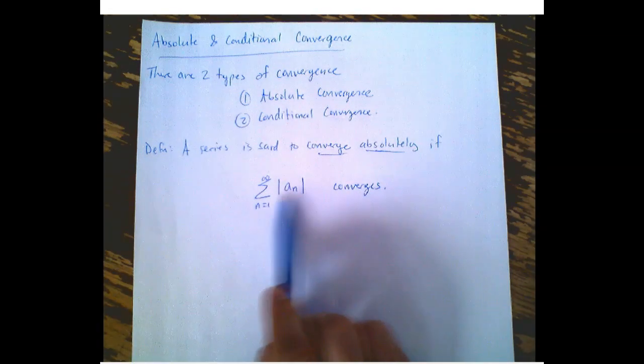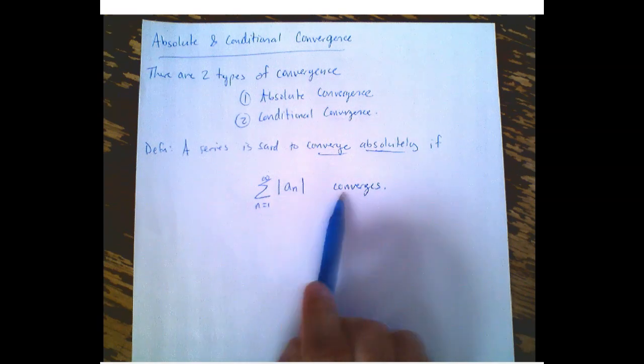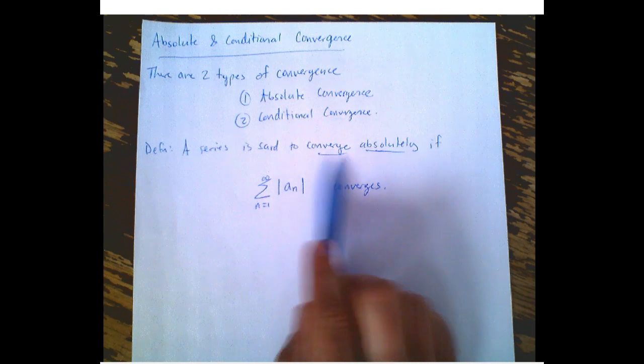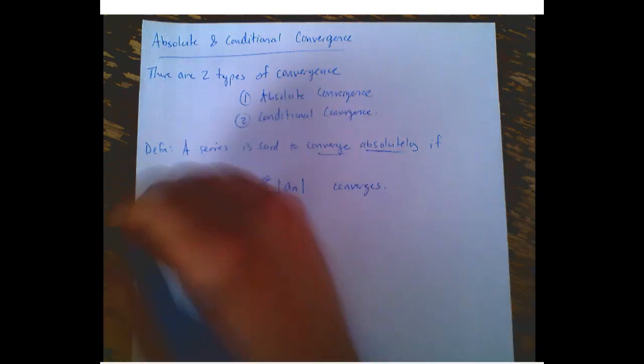So if we look at the absolute value of all the terms and sum those, if that converges, then we say that the series converges absolutely.